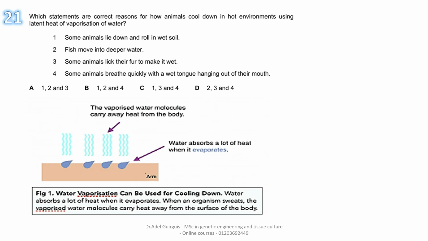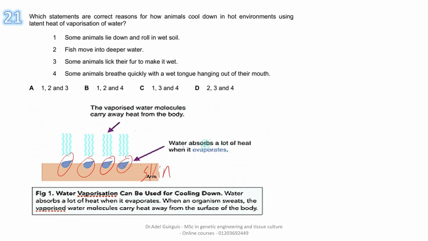Look, on our skin, for example, droplets of sweat evaporate after a few minutes. What allows this to evaporate easily? Absorbing heat from where? From our body.